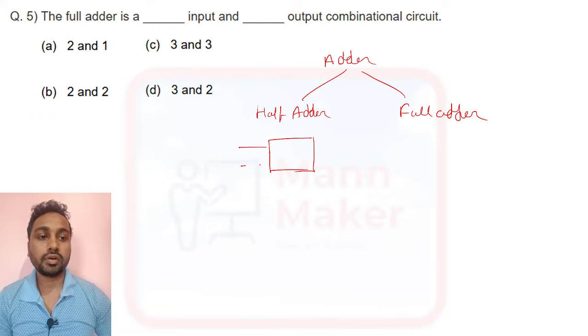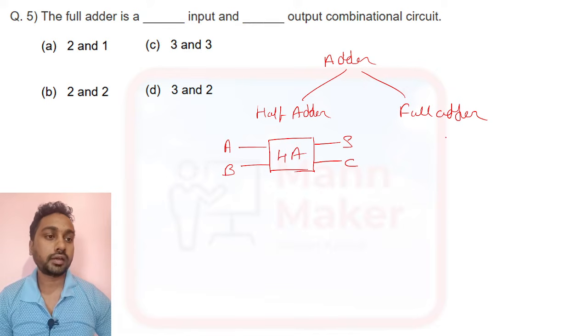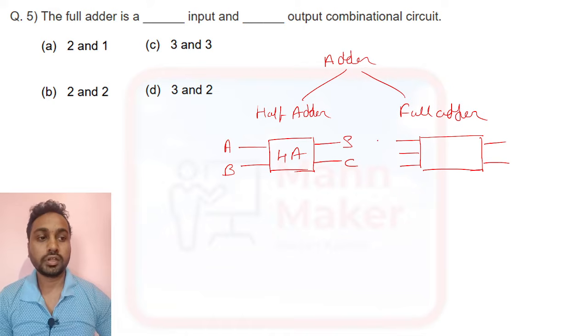In half adder we have two input lines, A and B, and two outputs, sum and carry. In full adder we have three inputs, A, B and carry in, and two outputs, sum and carry.